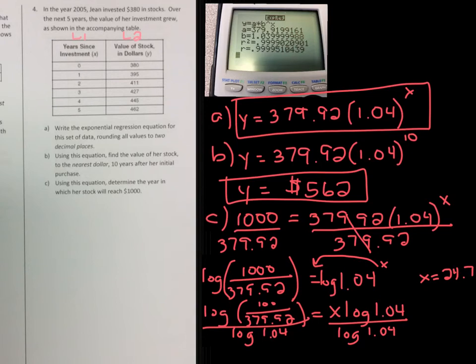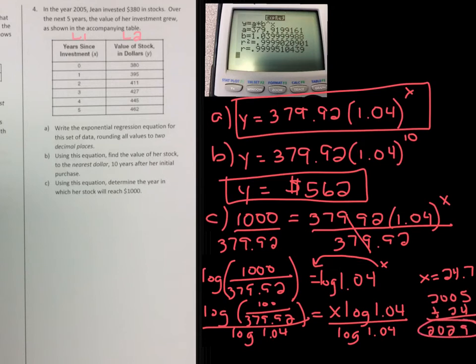So I'm going to take the year in which she initially invested it, which is 2005, and add on the 24 years, because it happens within that 24th year. Even though it's later on in the year, 0.7 of the way through, it's still in the 24th year, and we'll wind up getting 2029.